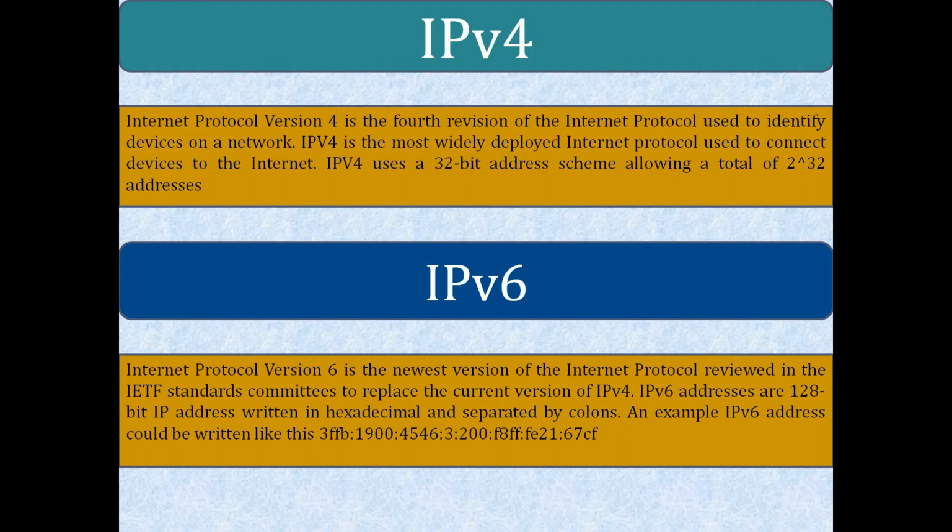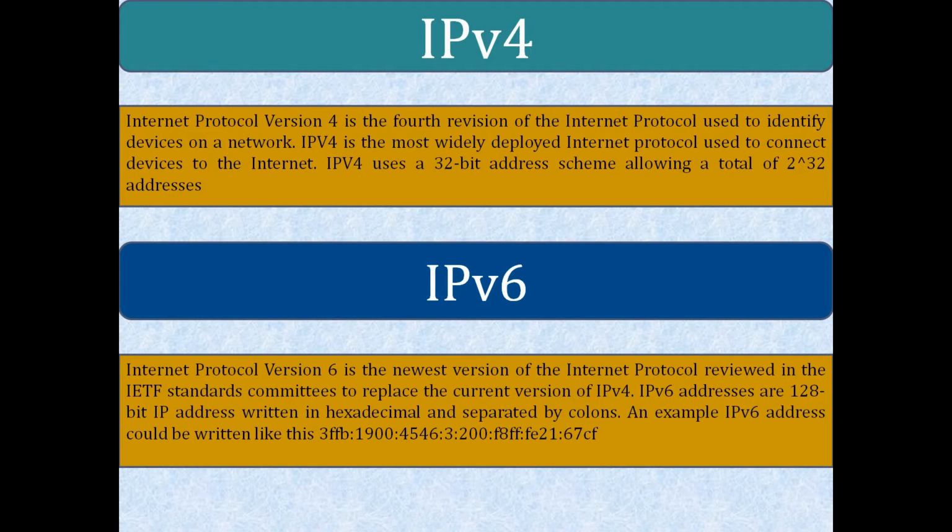It is a 128-bit IP address written in hexadecimal and separated by colons. You can see the example address I have given here: 3FFB:199:4546:3:200. This type of IP address is called an IPv6 address.